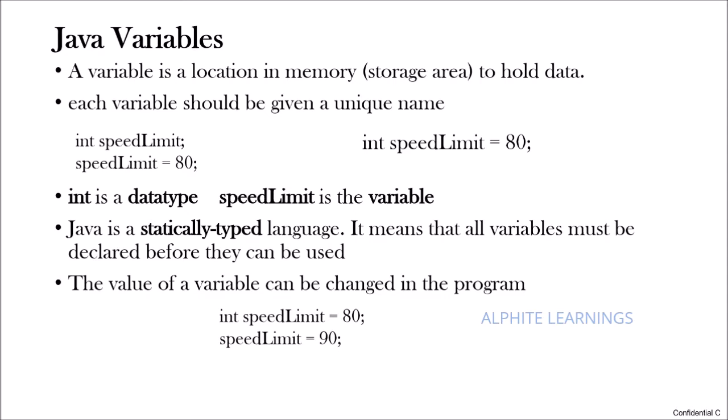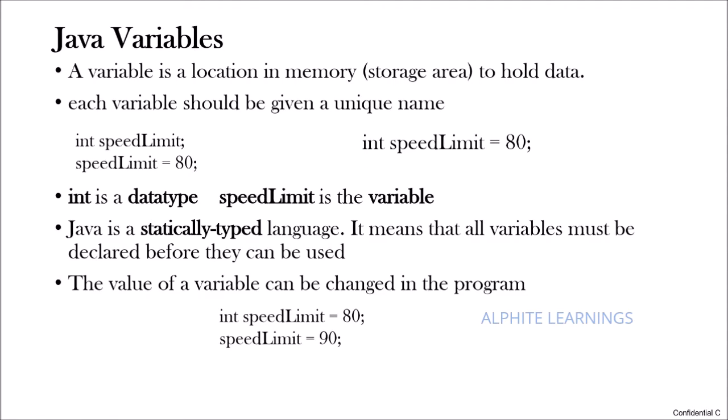Okay, so as you can see in the first snippet, I have given the variable as int speedLimit, and speedLimit is equal to 80. In the first line I have just declared the variable, and in the second line, by saying speedLimit is equal to 80, I am assigning the value 80 to this speedLimit. You can do this by declaration in the first line and assignment next, or you can do both in the same line. It depends upon how you need to write it in the program.